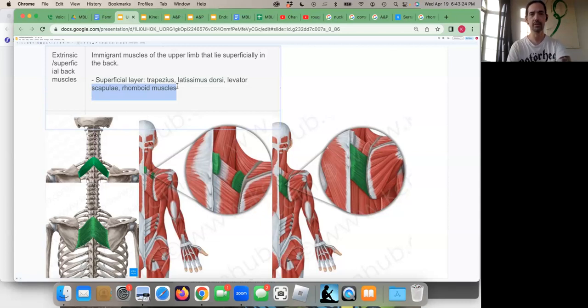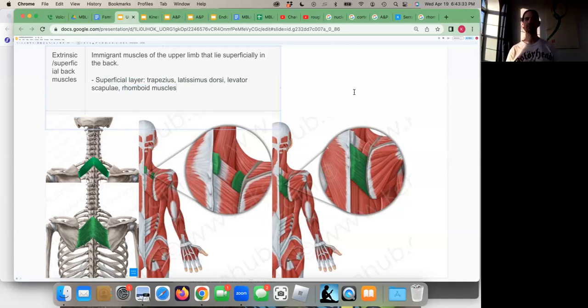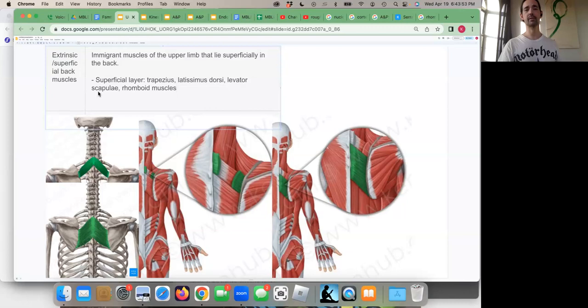All right, so we looked at the trapezius, the latissimus dorsi, the levator scapula muscle, and the rhomboid muscles. So if I said which of the following muscles elevates the scapula, is it the levator scapula, the rhomboids, or the serratus posterior inferior?